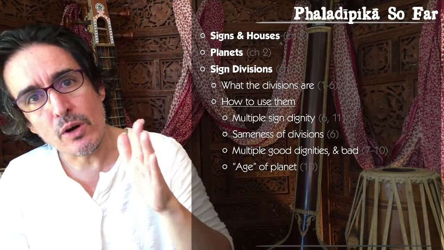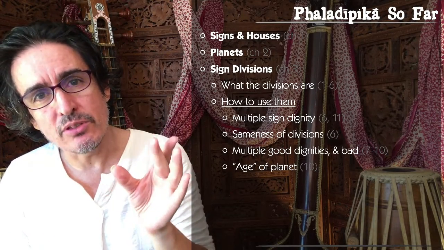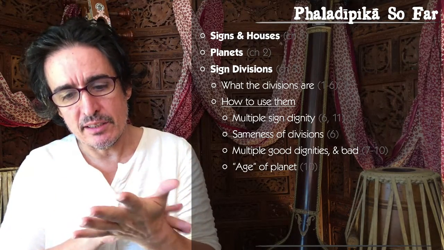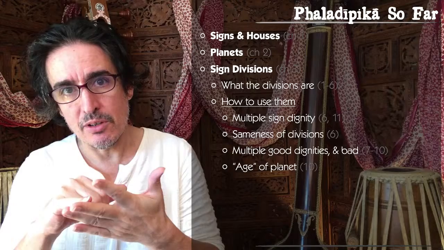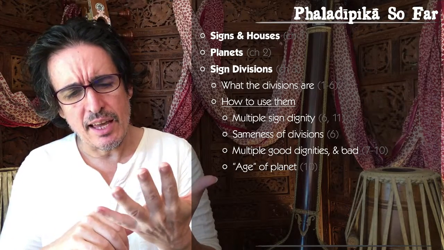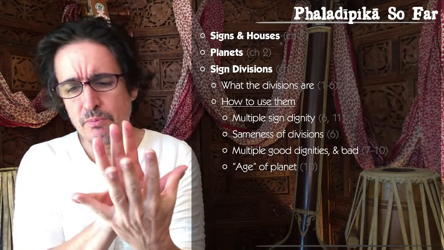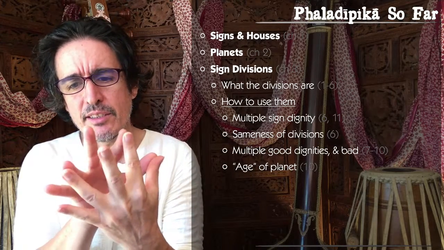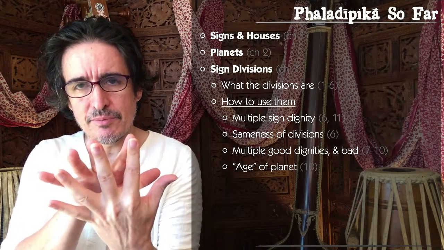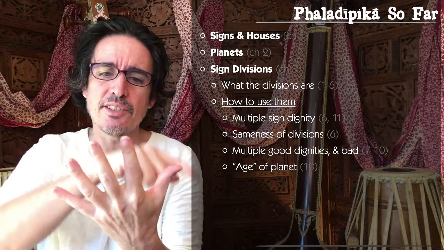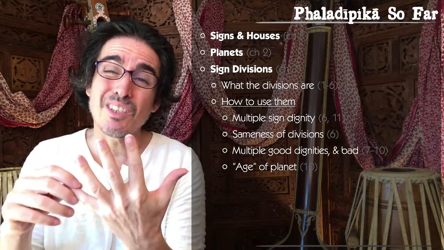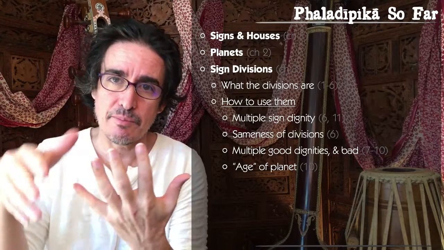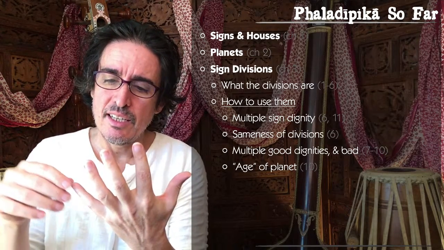The first way is called the bounds, and that is you take the 5 real planets, Mercury, Venus, Mars, Jupiter, and Saturn, and they have a certain order to them, which is Mars and Venus on the edges, Mercury and Saturn next, and then Jupiter in the middle, and you assign degrees to them. So that's why it's called Trimshamsha. Trimsha actually means 30, so you take the 30 degrees and you allot them to 5 planets.